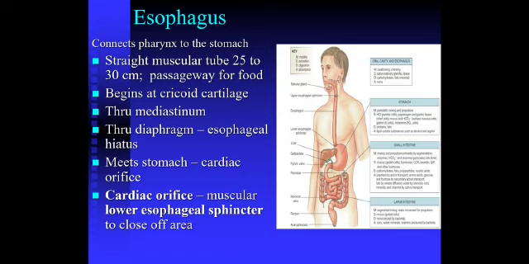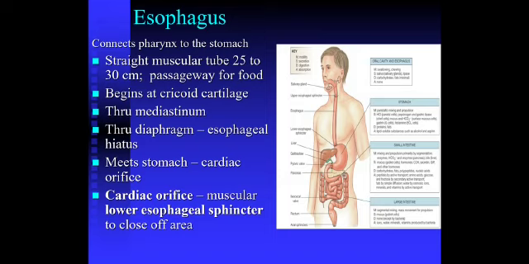It's a muscular tube which measures around 25 to 30 centimeters and helps in the passage of food. It begins at the cricoid cartilage, passes through the mediastinum, through the diaphragm at the esophageal hiatus, and meets the stomach through the cardiac orifice.